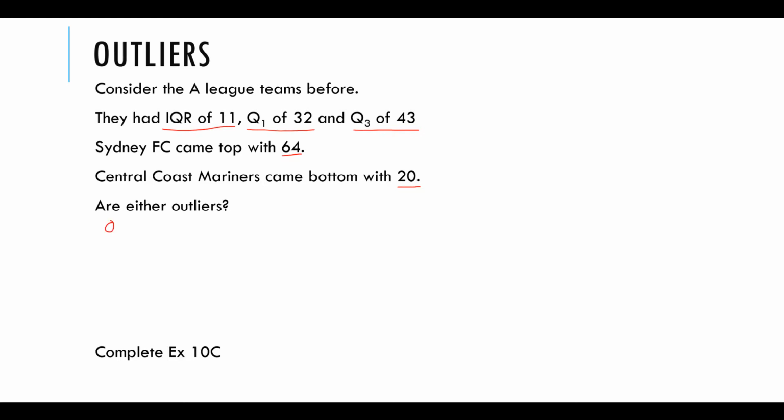So we are going to check the high outlier first, and we are going to say that the outlier will be greater than or equal to Q3, 43, plus 1.5 times the interquartile range of 11.